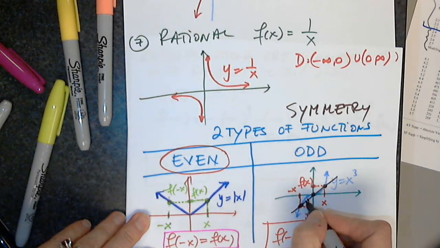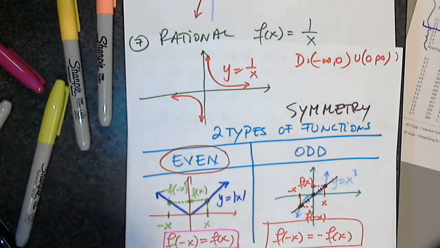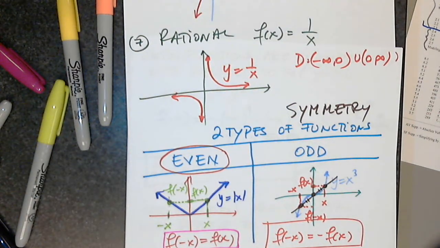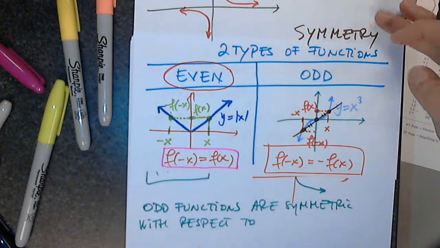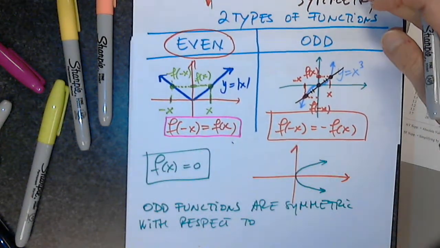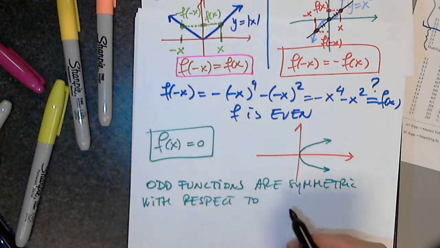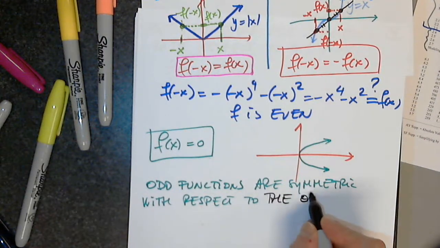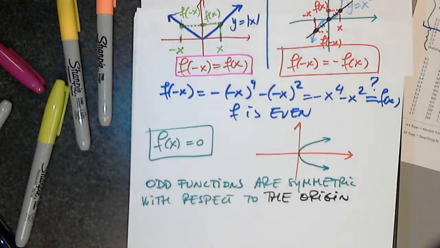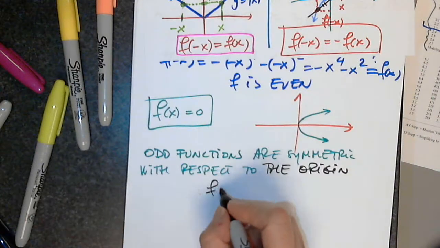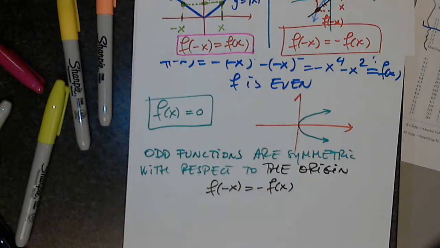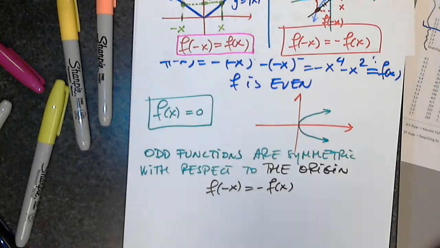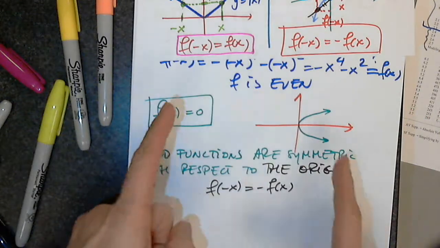And this piece must equal this piece. So then the graph must be symmetric with respect to the origin. And the relationship is f of negative x equals negative f of x. Extremely important. Is it clear what happened and how we got these two?